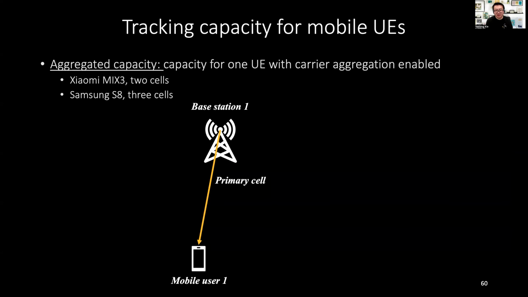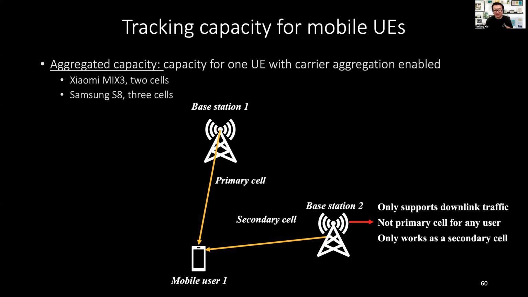To understand why, we dug deeper using NG-Scope, and we found that there's a special base station there that only has downlink. So it doesn't serve any user in normal cases, and it only works when the user has carrier aggregation enabled and wants to download a lot of traffic from the network.